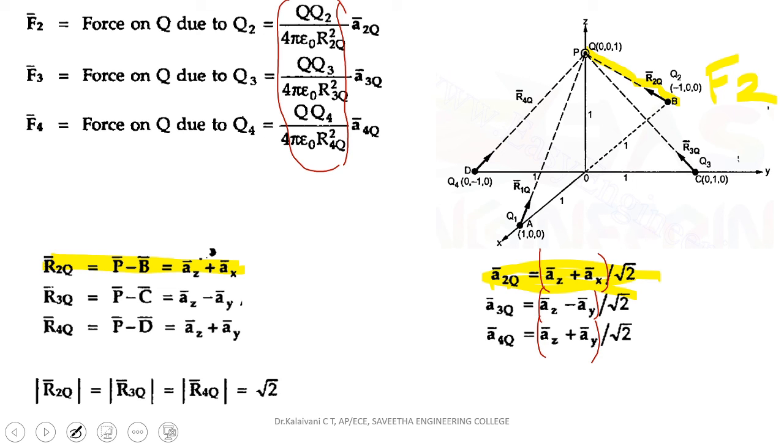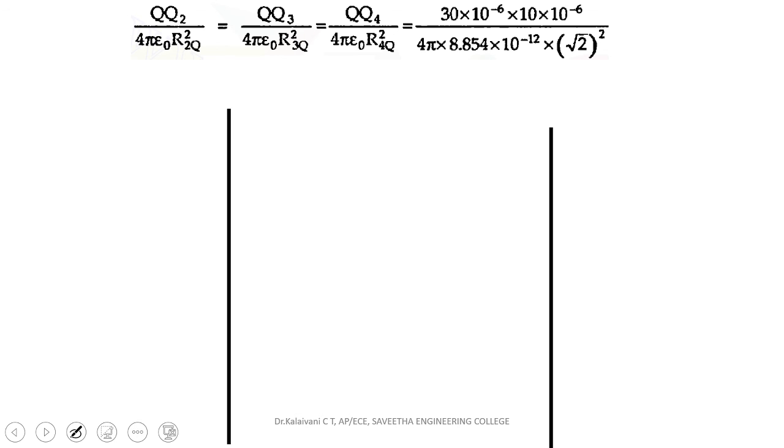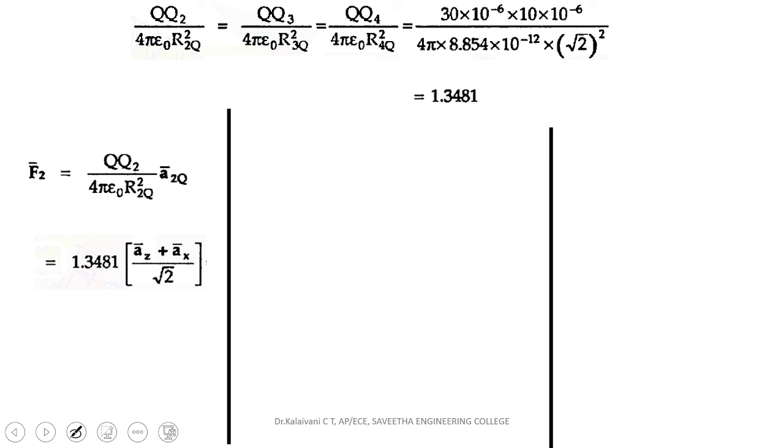Similarly, find the R3Q unit vector and the R4Q unit vector. The same value is there; I will calculate and find the value. It is 1.3481. Now find the F2 value. The formula is this, so 1.3481 into the a2 vector. Multiply and write, and you get this value.